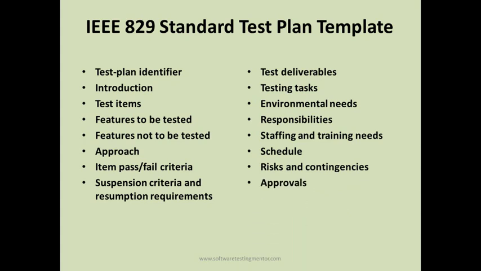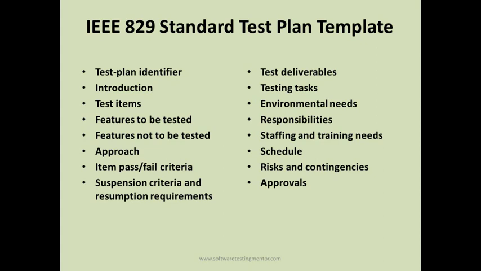And then finally the approvals. So what are the approvals required in order to progress with the testing effort? Approvals required by which stakeholders will be mentioned in the approval section. So that's the standard test plan template, the IEEE standard test plan template, and most of the organizations tweak this standard template to fit their needs.